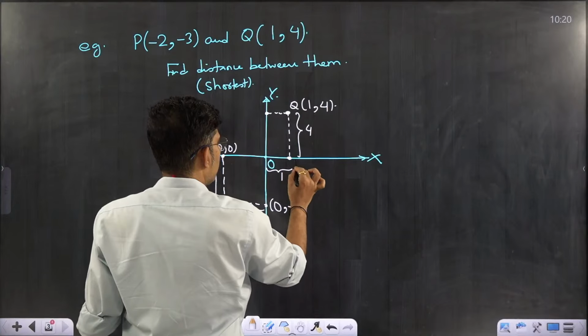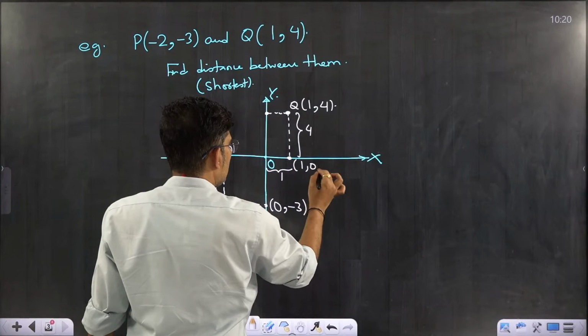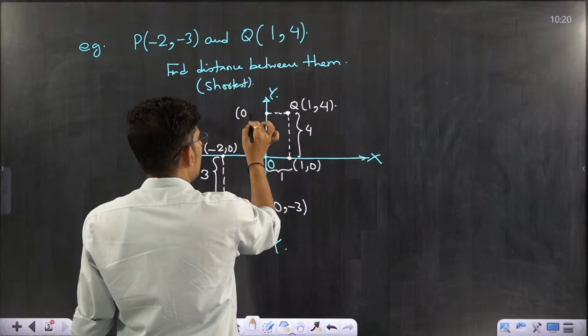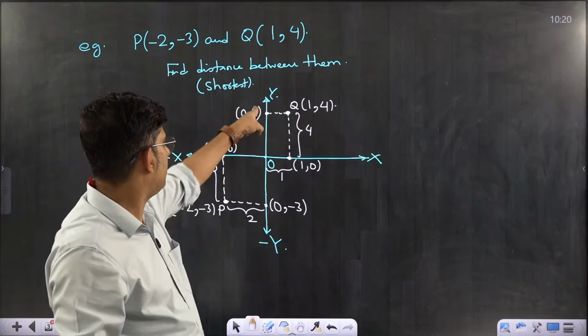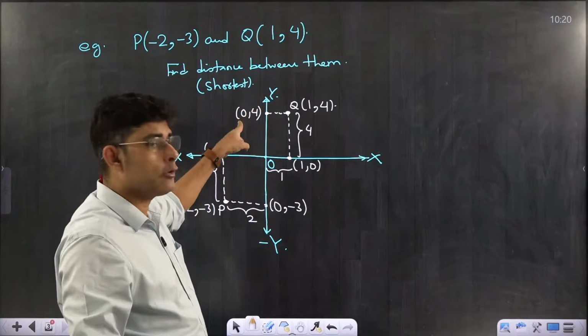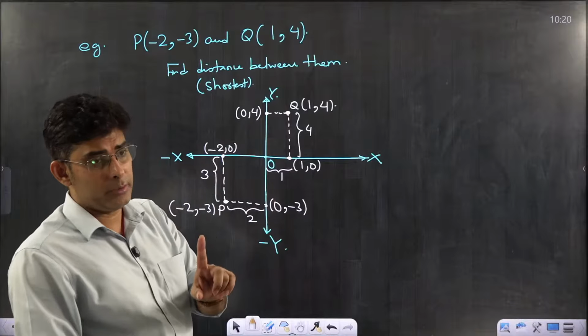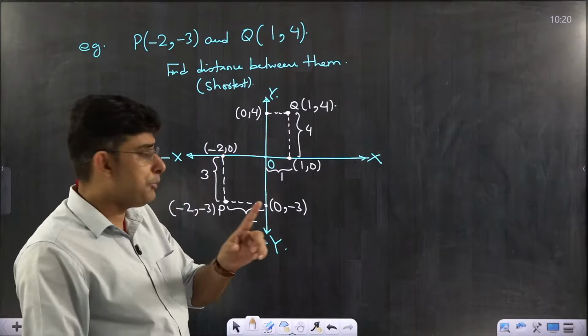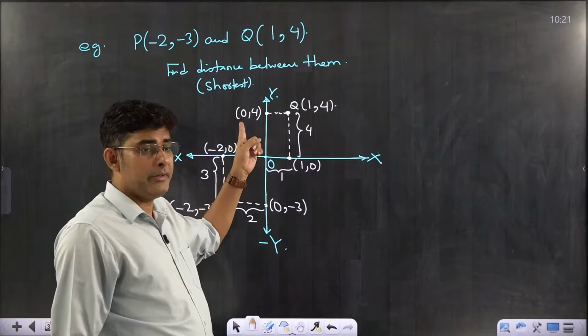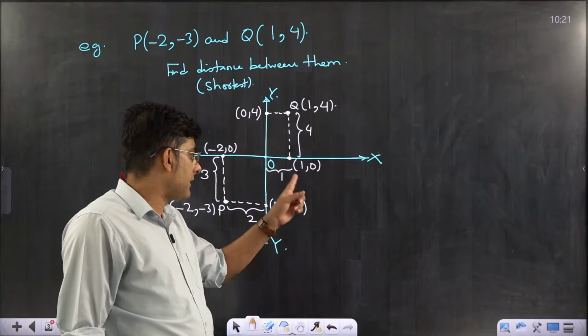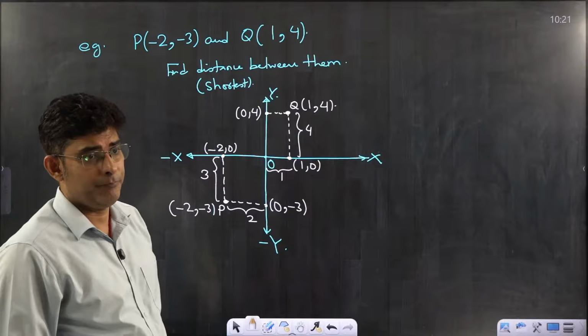This point's coordinate becomes 1 comma 0, and this point's coordinate becomes 0 comma 4. Any point which lies on the y axis, its x coordinate is 0, mind it. Any point which lies on the x axis, its y coordinate is 0. This should be clear to everyone. Listen again. Any point which lies on the y axis, its x coordinate will be 0. Any point which lies on the x axis, its y coordinate will be 0.